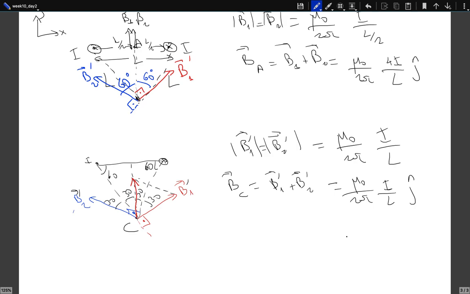And similarly over here, since the current is into the screen, the magnetic field lines will be going clockwise around this current. And at this point, it's pointing in this direction, in the clockwise sense, and it is perpendicular to this line.